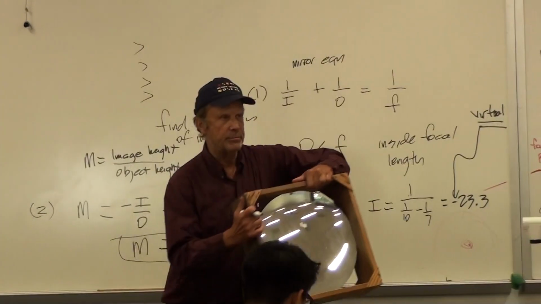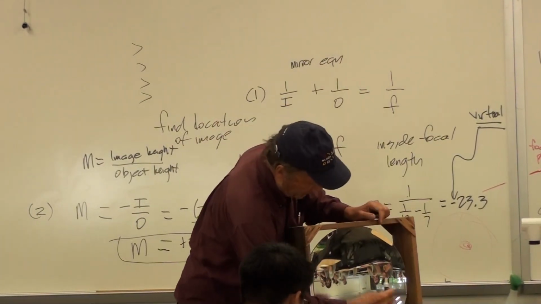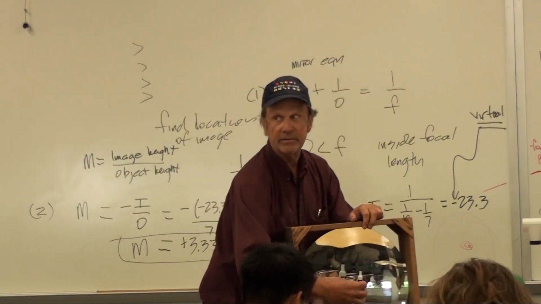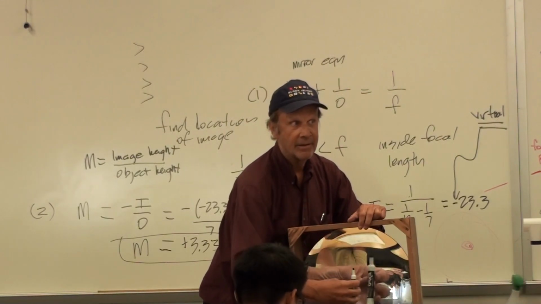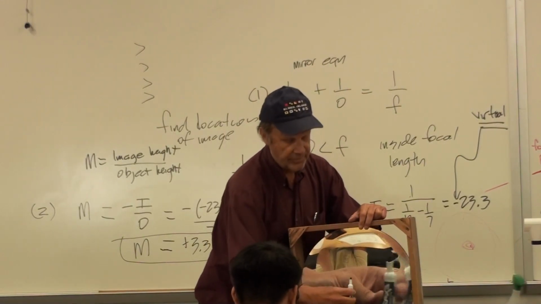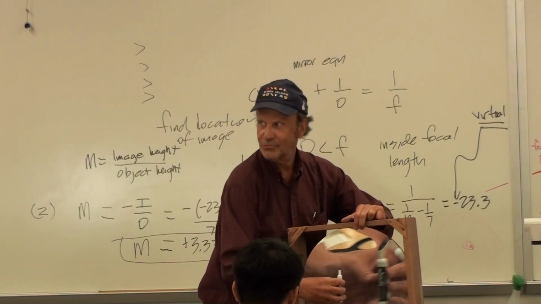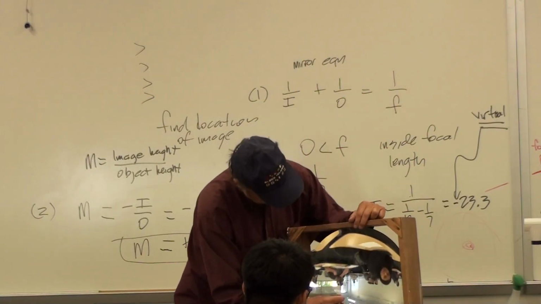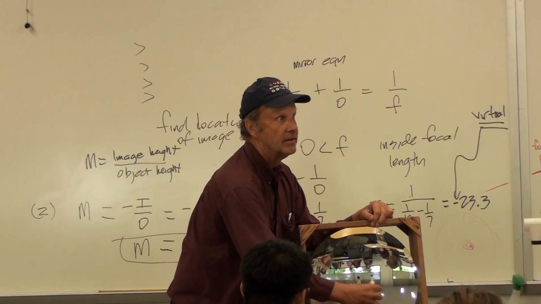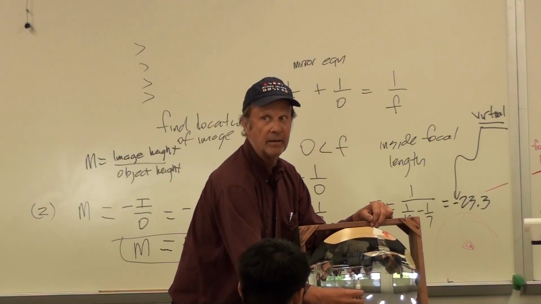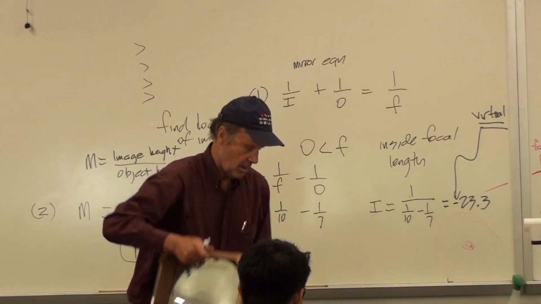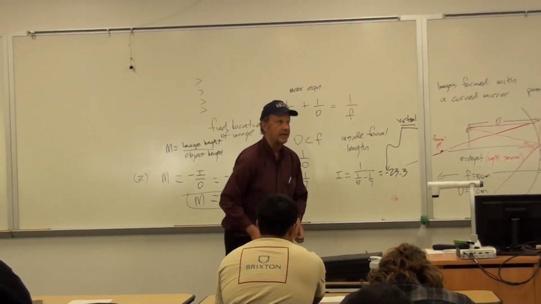As I move this in here, there's a certain point where it looks the biggest. And so we try to find that point where the magnification would look like it's 3 times bigger than the size of the pen. And that would be what we would physically mean by the magnification.